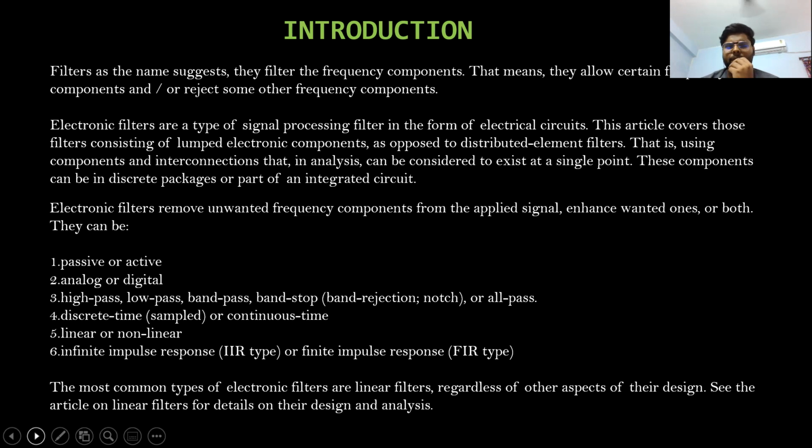The most common type of electronic filters are linear filters, regardless of other aspects of the design. See the article on linear filters for details on their design and analysis. The introduction of filters is completed. Now we'll move to the next slide.